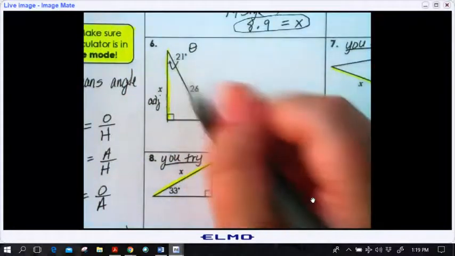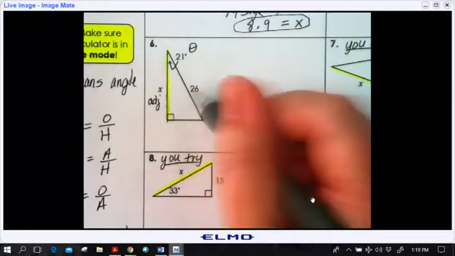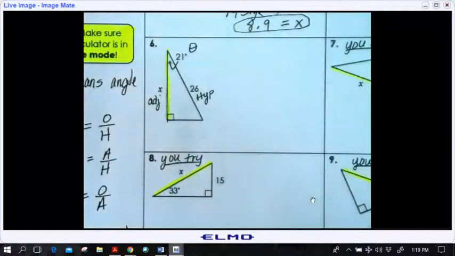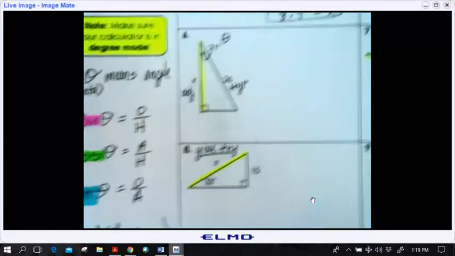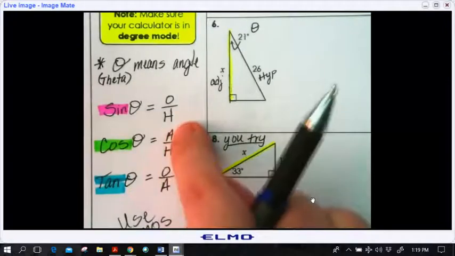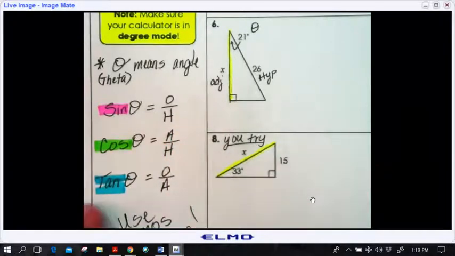The other side that I know is opposite the 90-degree angle, so this is my hypotenuse. So which trig ratio utilizes adjacent and hypotenuse? So I just refer to this list. Adjacent and hypotenuse are together here.